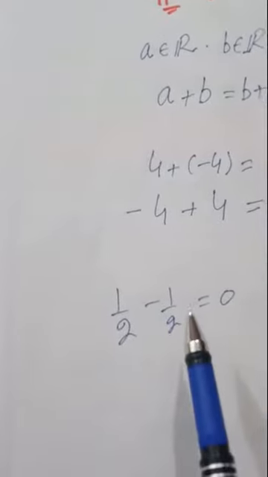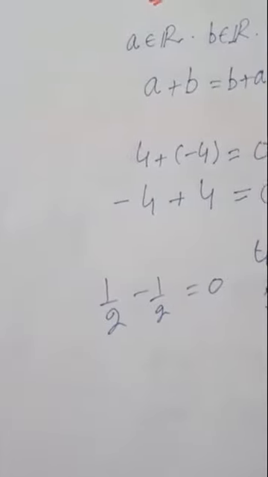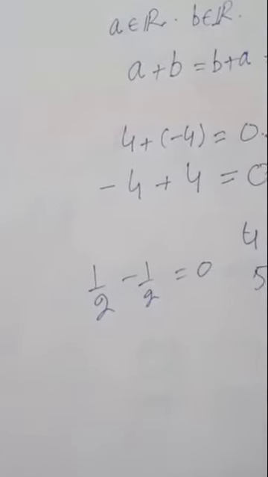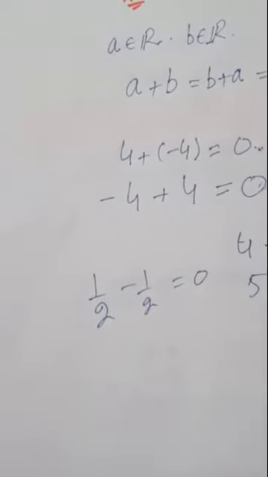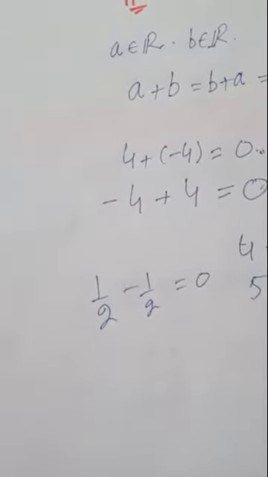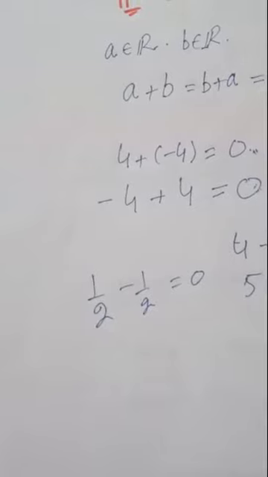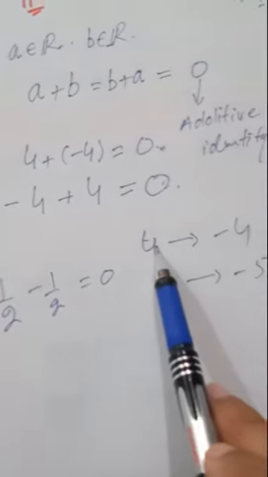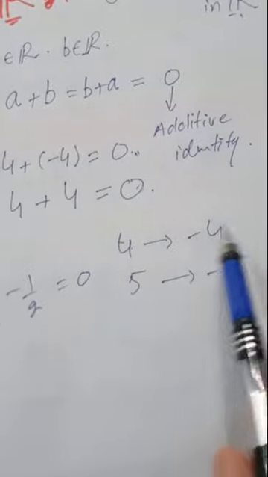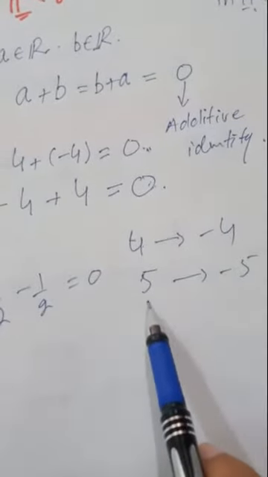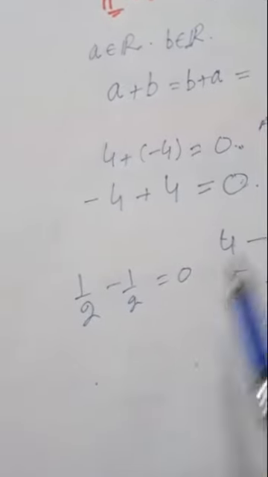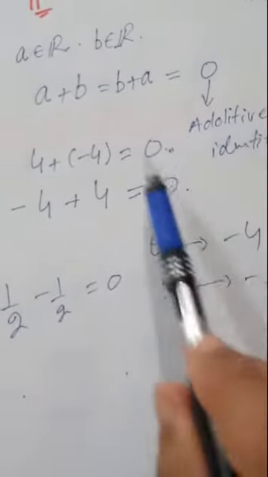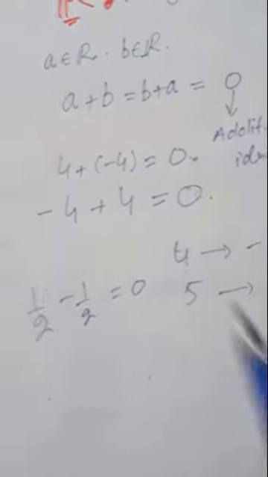Whenever you add two numbers and you get the additive identity, those two numbers are called additive inverses. Remember that the additive inverse is different for every number. The additive inverse of 4 is minus 4, the additive inverse of 5 is minus 5, the additive inverse of 1 by 2 is minus 1 by 2, because by adding 4 with minus 4 you get 0, the additive identity.